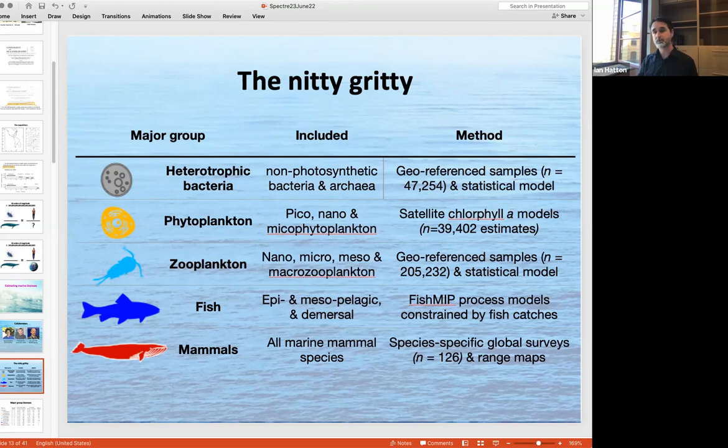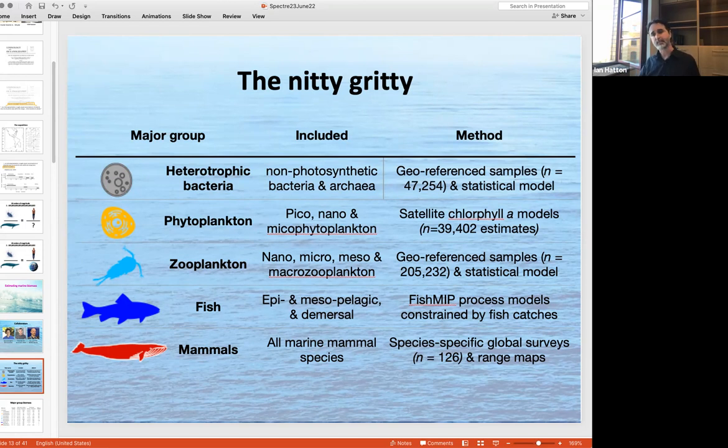So to do this, we used two independent process models. Both have been previously published and they were constrained by harvest data. And these models do a pretty good job estimating current fish biomass in line with data from the literature. And so we projected them back to 1850.